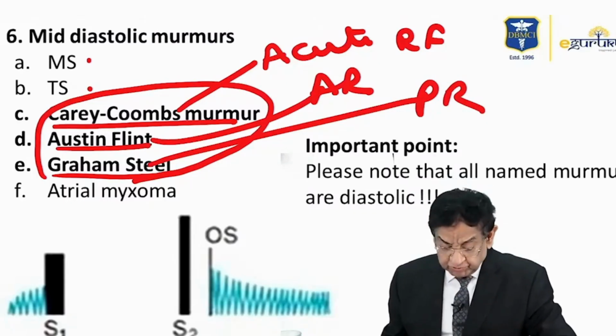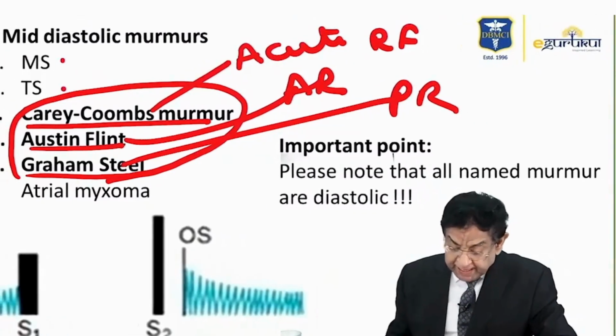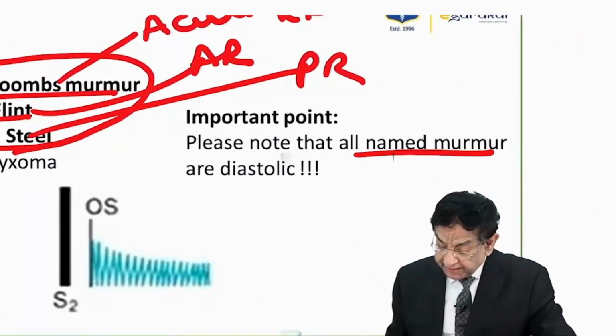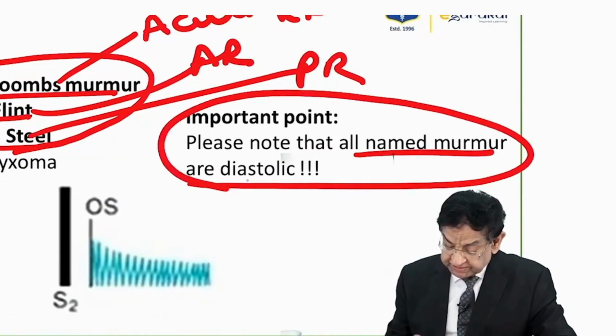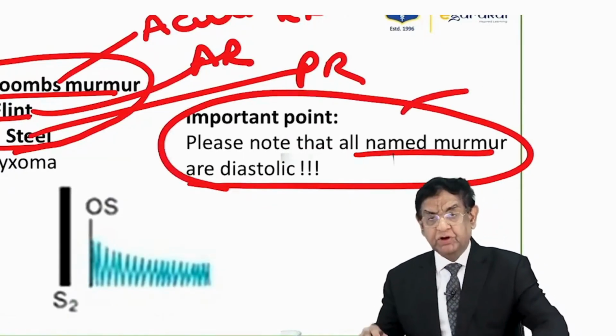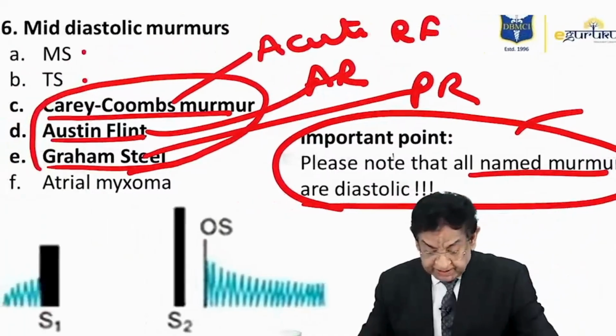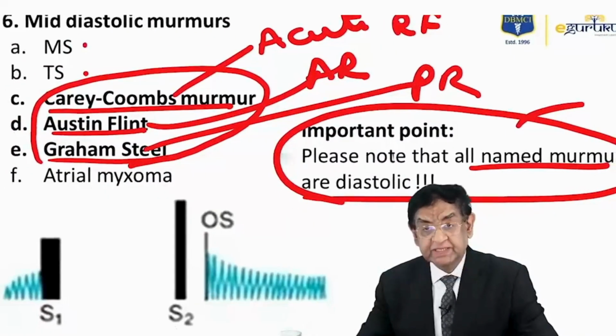But one thing I would like to highlight: they are named murmurs. All named murmurs are diastolic. This is a very important point you have got to remember. So Carey-Coombs murmur, Austin Flint, Graham Steell, all are named. They all are diastolic murmurs.